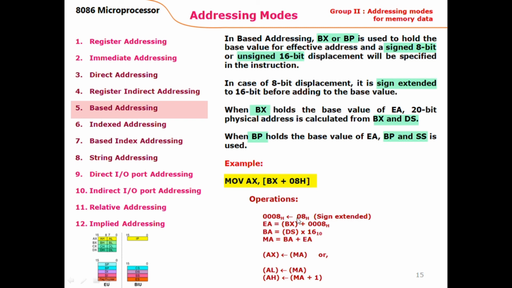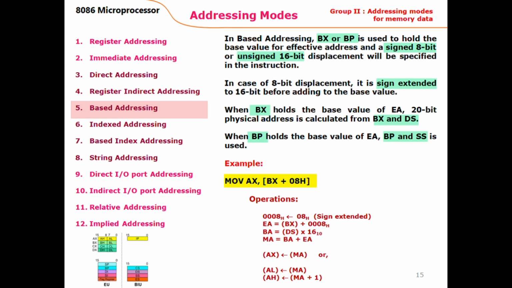The sign of the value is kept and it is extended to 16-bit. Then the effective address is calculated by adding the 16-bit value in the BX register, which is the base address. The 16-bit value in the base register plus the sign extended displacement, both together, will give the effective address.